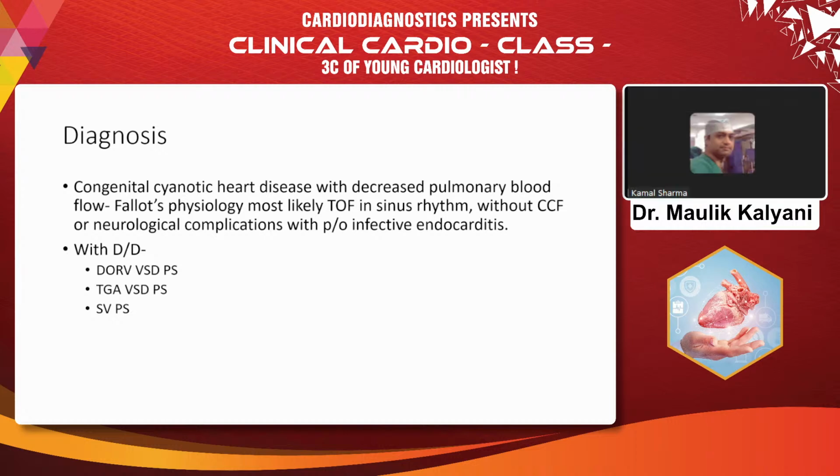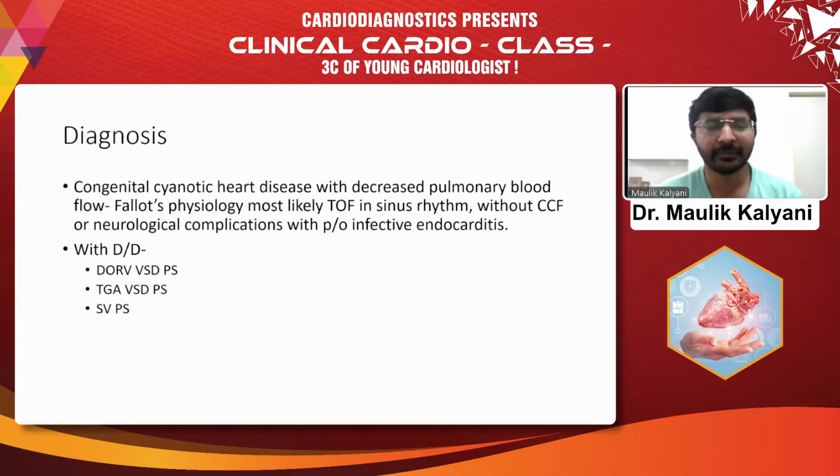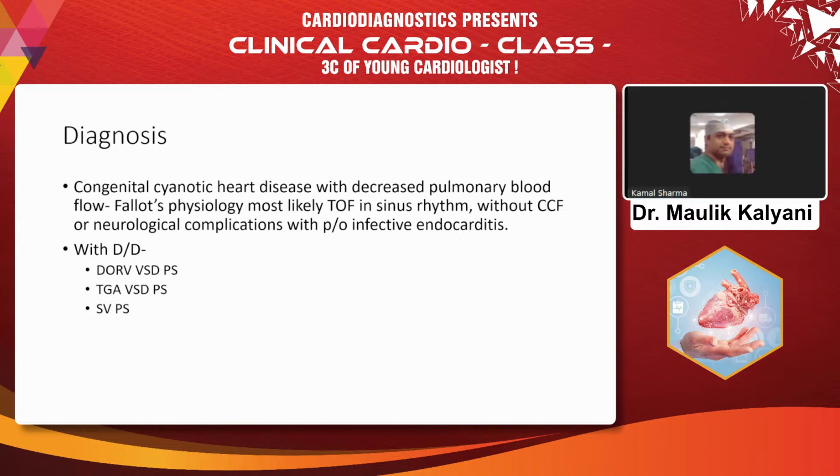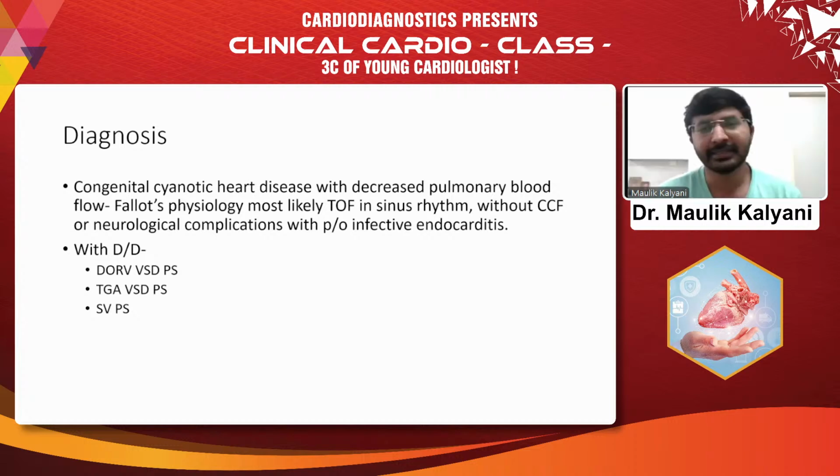If you have a thrill of the pulmonary valve, what is it more likely to be? And which of the two murmurs will not disappear in spell? So DORV murmur will not disappear, sir. Correct. And what happens to thrill? Which one is associated with thrill? In DORV, sir.